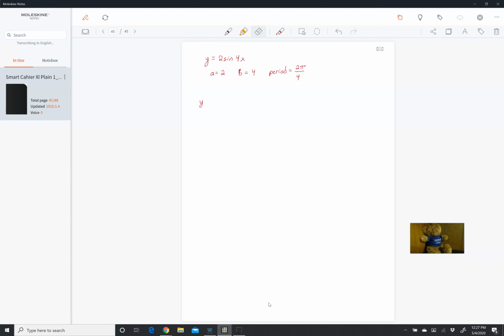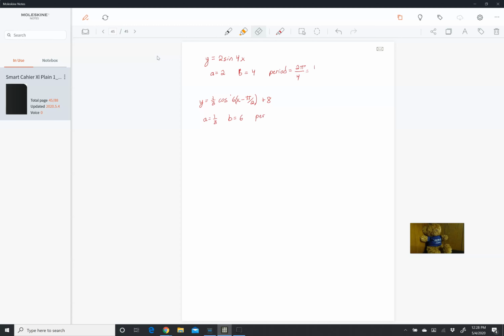If we have y is equal to 1/3 cosine of 6x minus pi over 2, plus 8. Well, our amplitude is 1/3. Our frequency is 6.